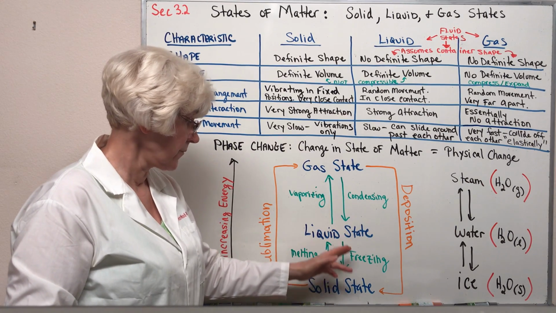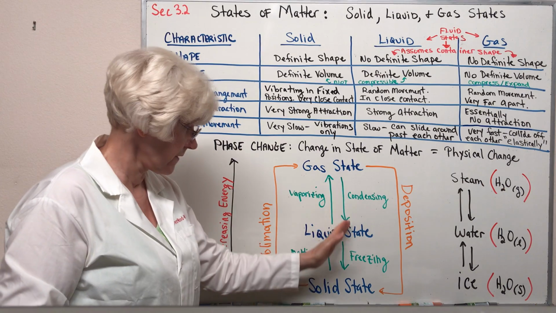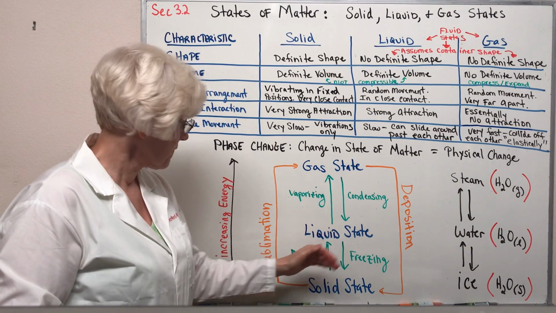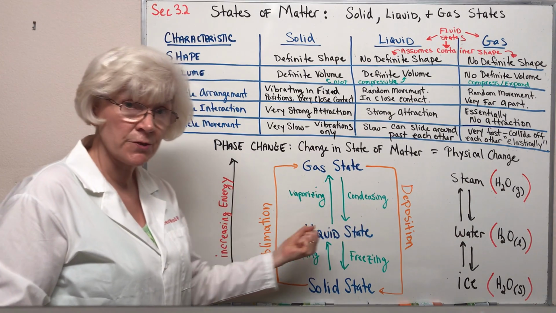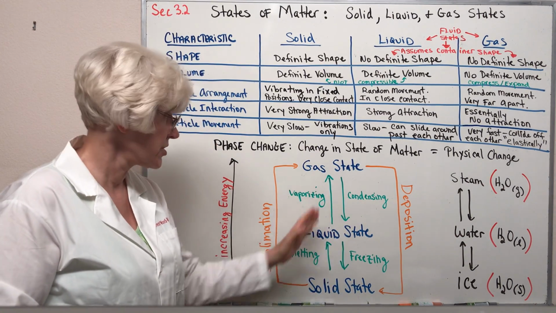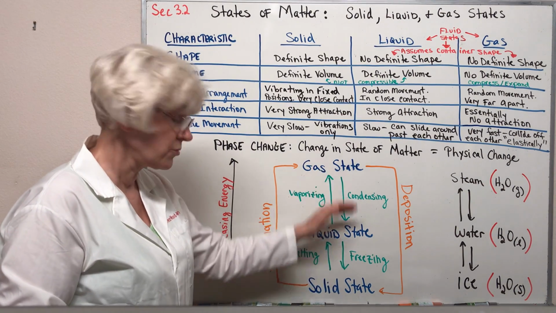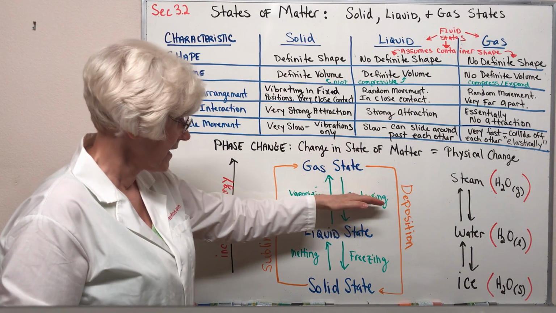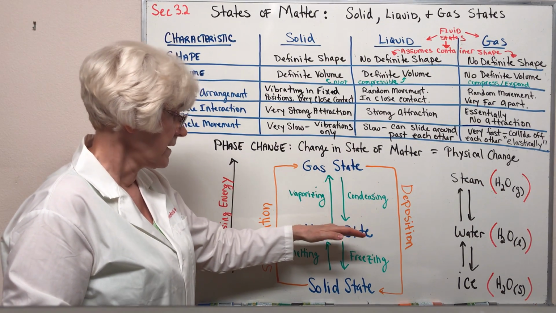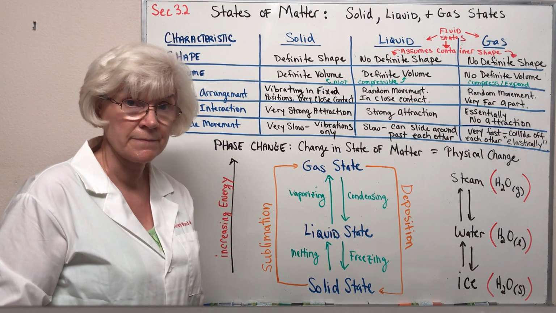And I should mention here that the reverse direction involves moving to a lower energy state, meaning you have to remove heat or energy in order to accomplish this phase change. Cool it down, lower the temperature to take a gas and condense it to a liquid, to take a liquid and freeze it and form a solid.